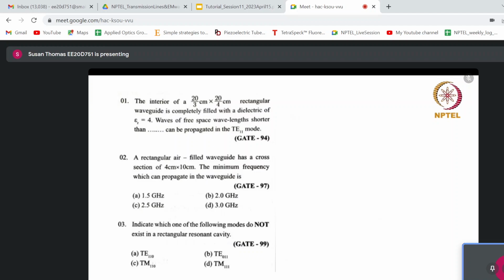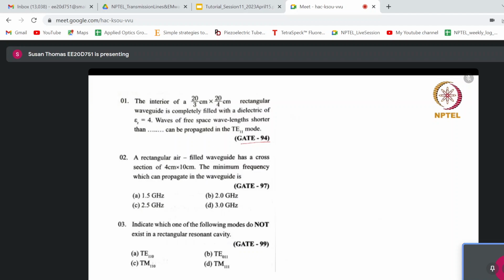So let's start with some of the 1 mark questions in GATE. You can see the corresponding GATE paper is written next to the question. Based on our understanding of waveguides, we can go through this and see our understanding of the content.